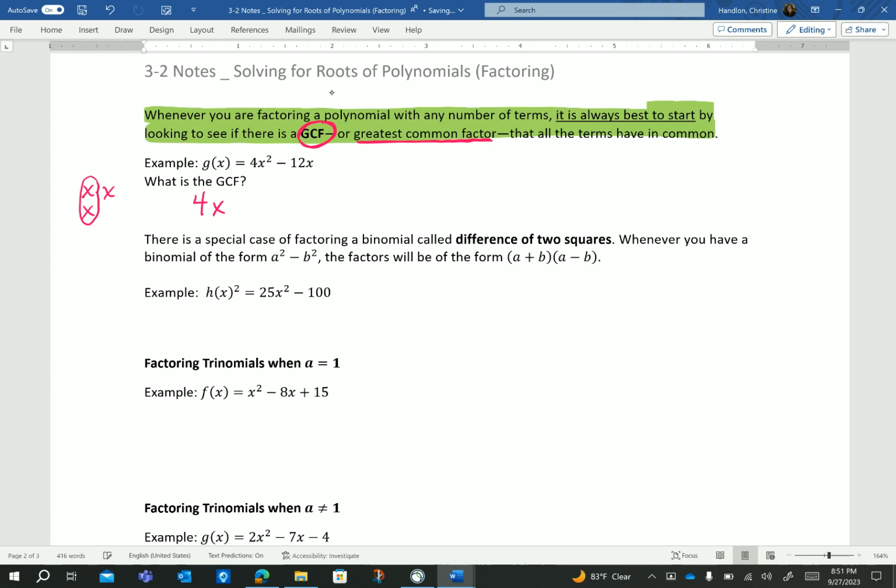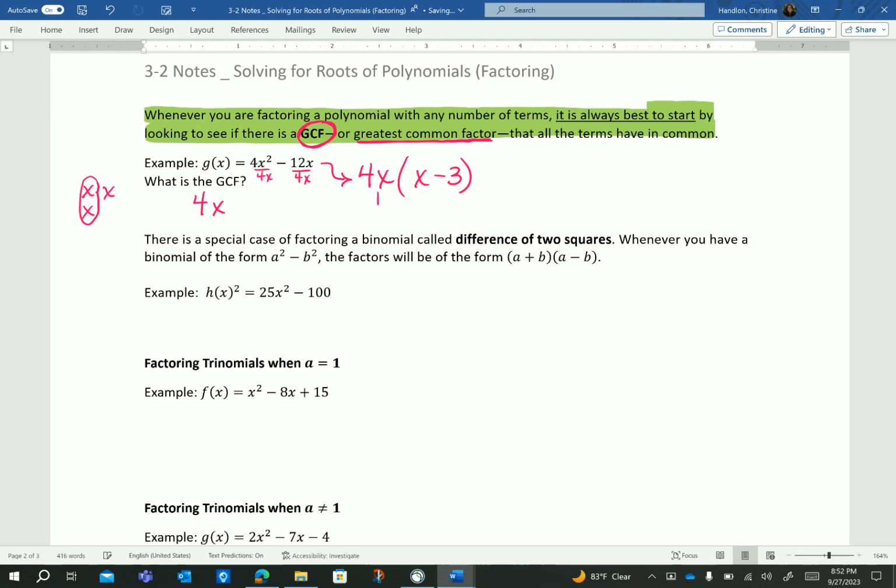So when I factor 4x squared minus 12x, I'm going to take out the 4x, and now I divide this by 4x, and I divide this by 4x, and whatever the results are, I put inside the parentheses. So 4x squared divided by 4x is going to be an x. 12x divided by 4x is going to be a 3. So now that's my factored form of g of x.